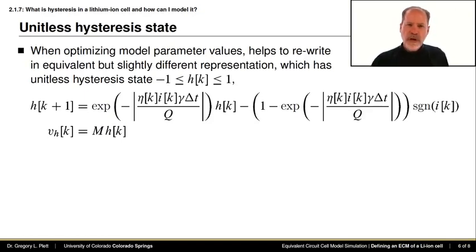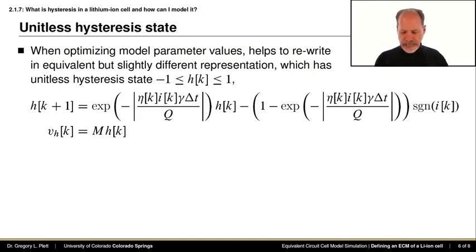Now, the equation on the previous slide was perfectly fine. But it turns out when we get into the task in 2 weeks of trying to optimize the values of the model based on lab test data, the form of that equation was not as useful as it could be.